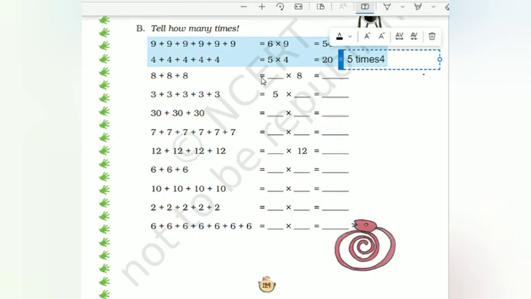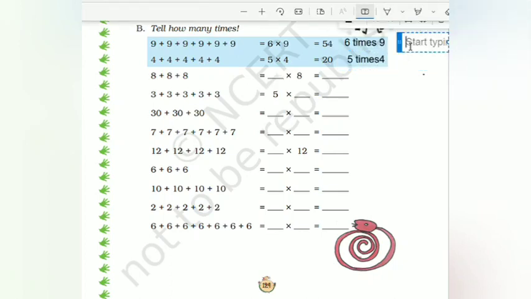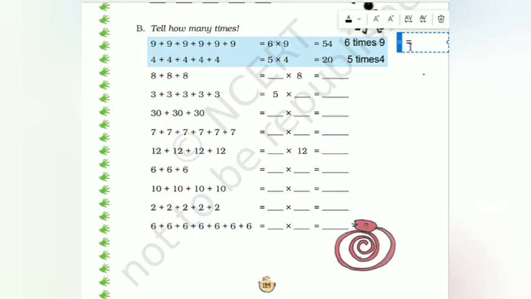What is the answer for 6 times 9? 5 into 9 is 45, 6 into 9 is 54. Then next one, 5 into 4 is 20. That is 5 times 4. How many times are we writing 4? 5 times we are writing 4. So the answer is 20.